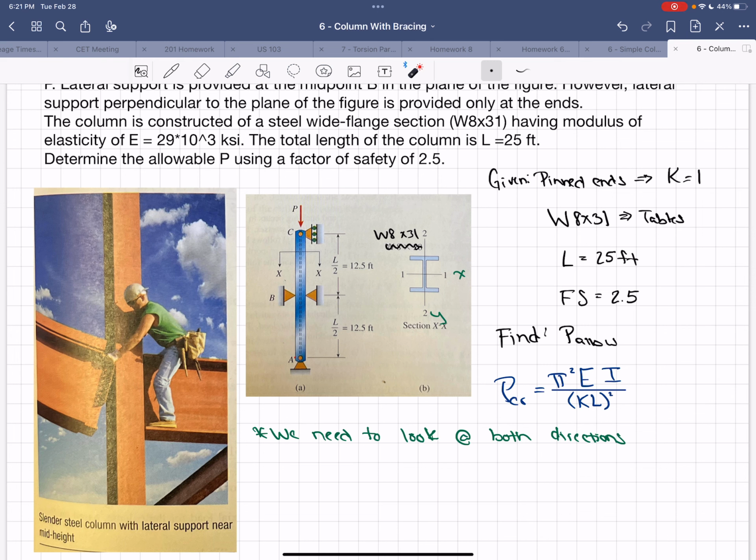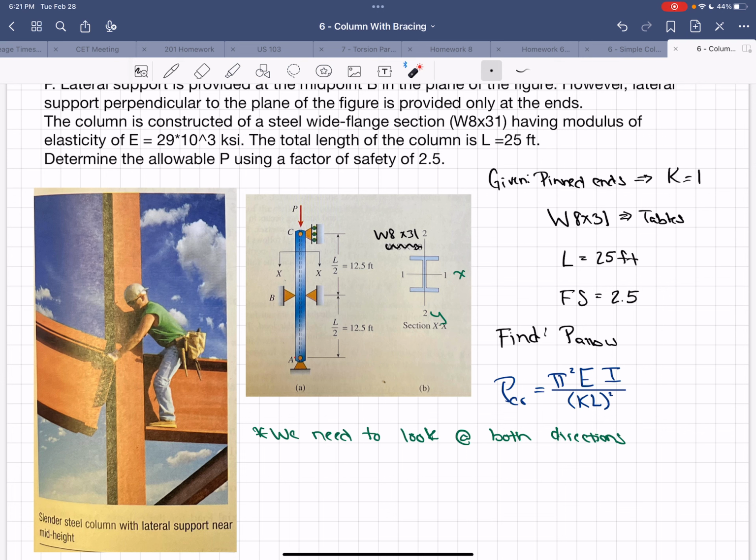It would be like trying to twist this end away. So then we'll have Ix and the full length. When we're bending around Y, that's when we're bending in the plane of the page, and we'll use L/2.